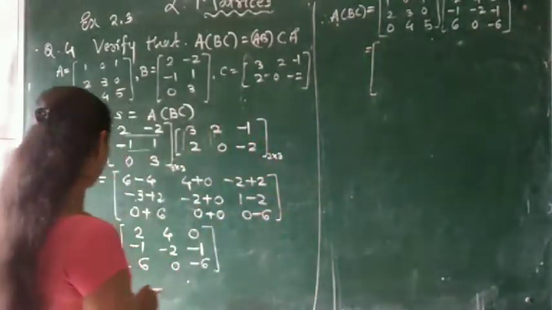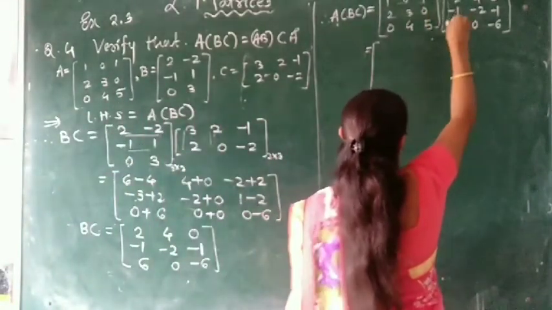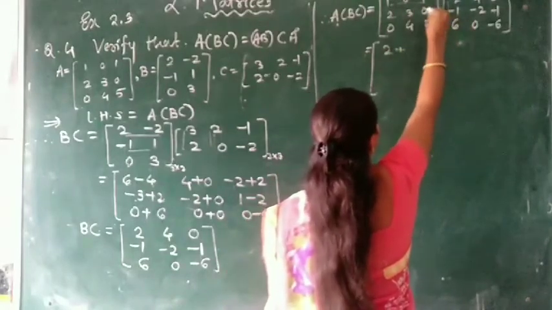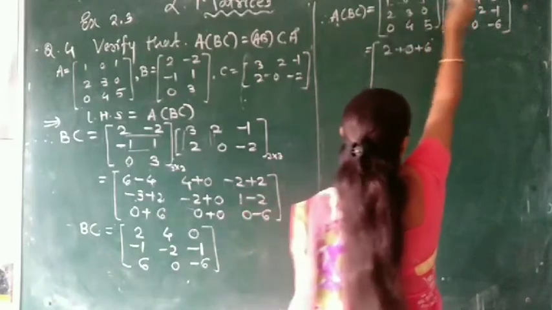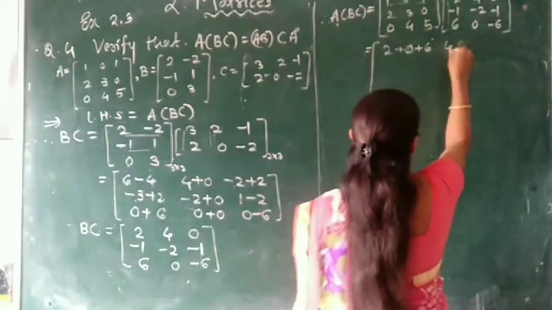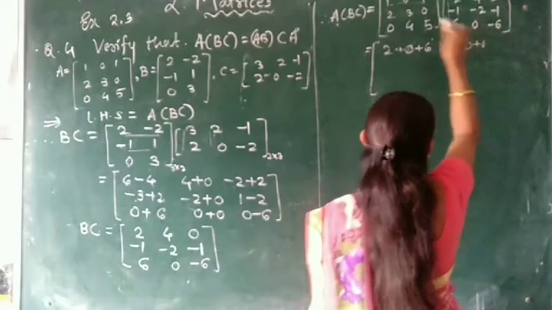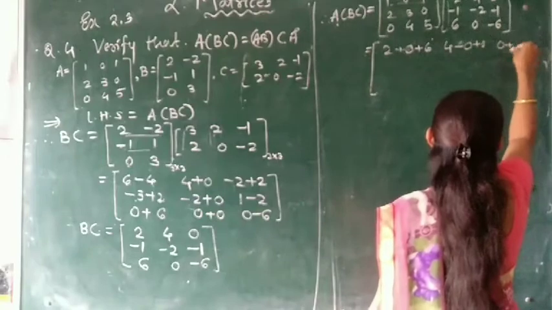Now take the product of these two matrices. Take first row and first column. 1 into 2, 2. Plus 0 into minus 1, 0. 1 into 6, 6. Take first row, second column. 1 into 4, 4. 0. 1 into 0, 0. 1 into 0, 0. 0 minus 1, 0.